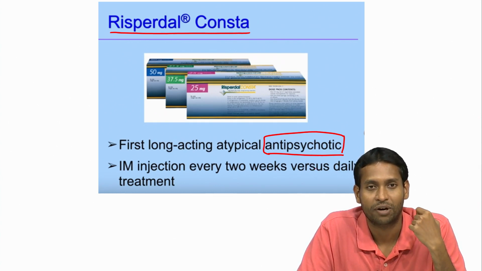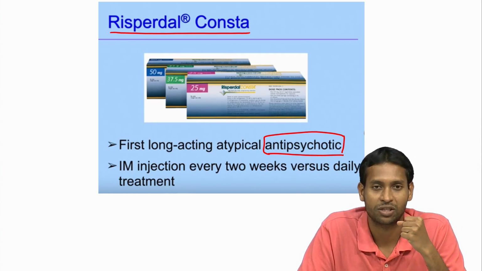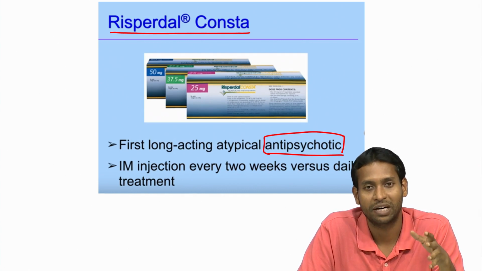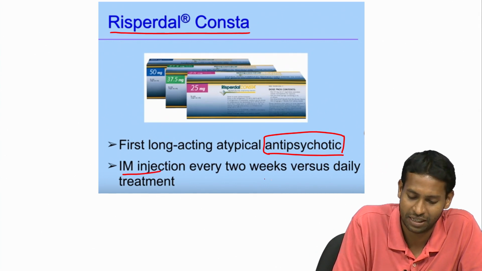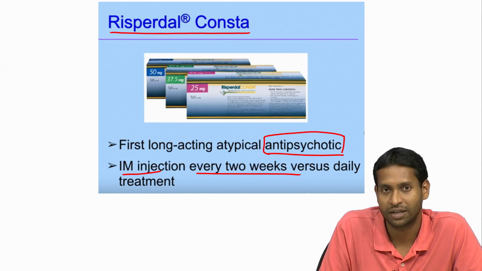That is why it is very important for such patients to stick to their medication regimen, and something that can prevent them from having to do it every few hours or every day would go a long way in improving their lives. This is also an IM injection, and it is given every 2 weeks compared to a daily treatment if you use only free drug.